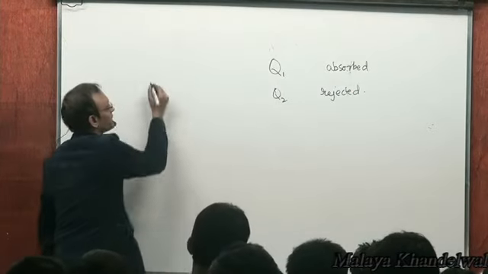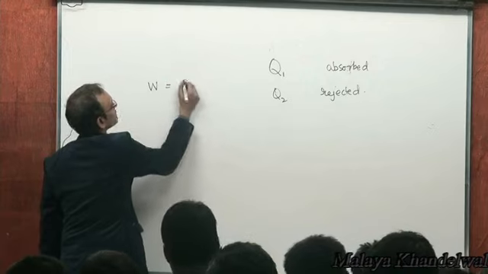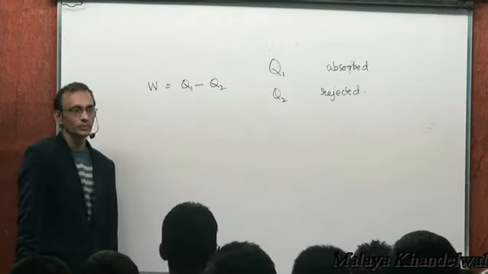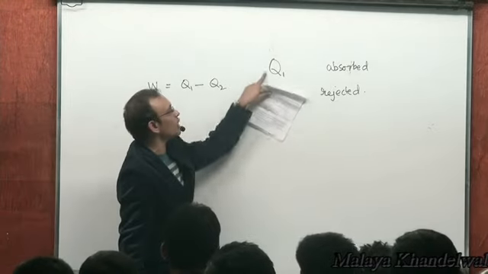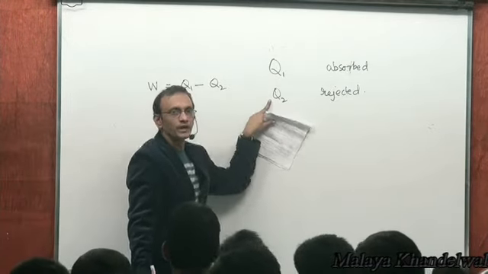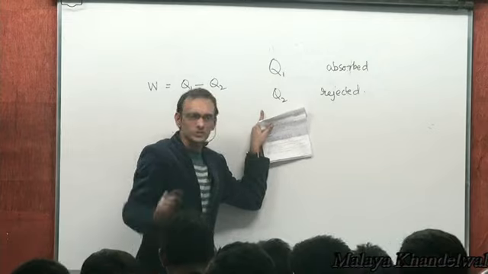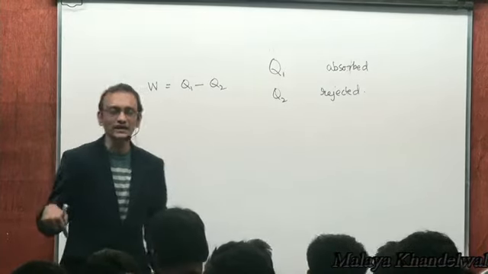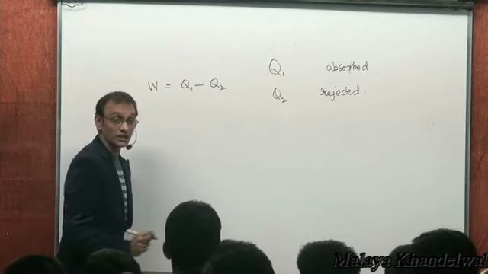That means the work done must be Q1 minus Q2 for a cycle. If 20 joules is absorbed and 10 joules is rejected, the net heat involved must be the work done. 20 minus 10 must be the net heat absorbed by the cycle. So work done is this.